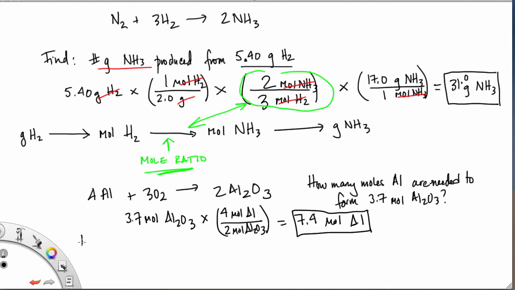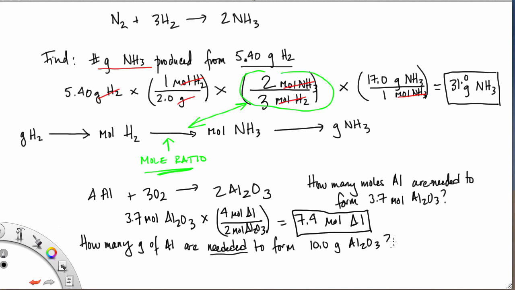So I want to say, how many grams of aluminum are needed to form 10.0 grams of aluminum oxide? Okay? So what I want you to do is pause the video, and then I want you to solve the problem.